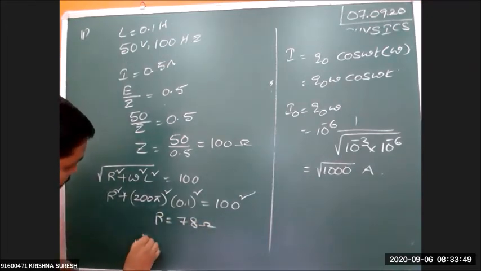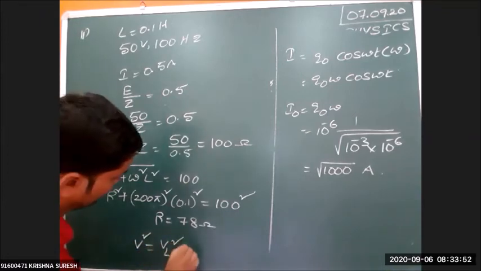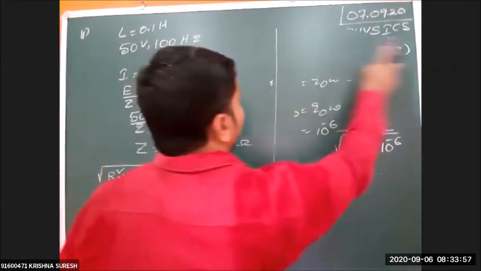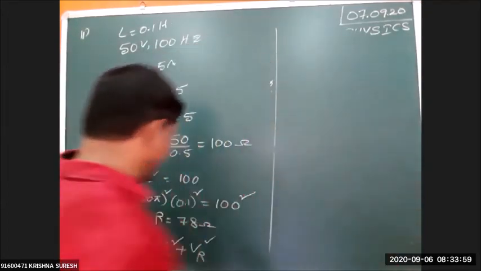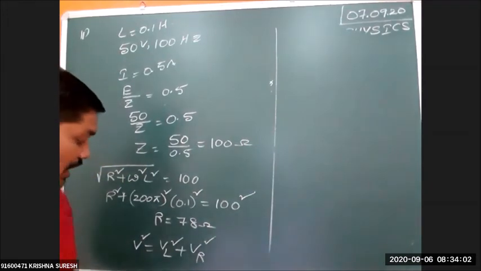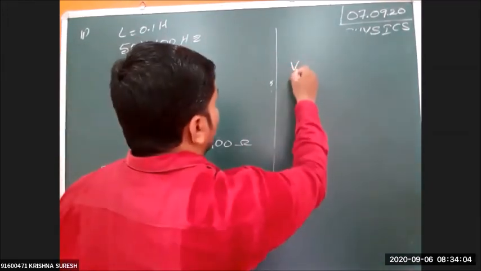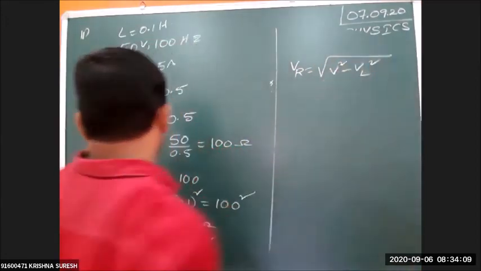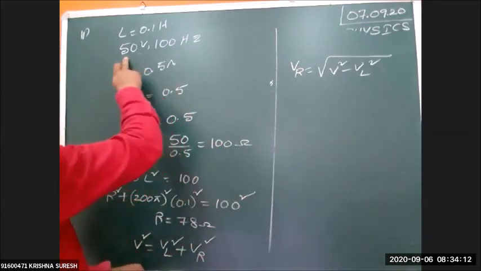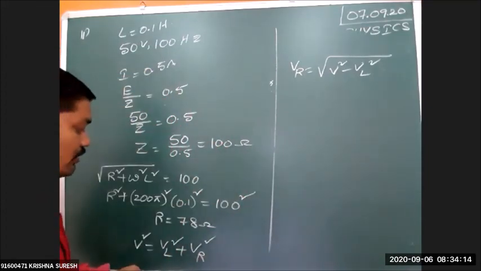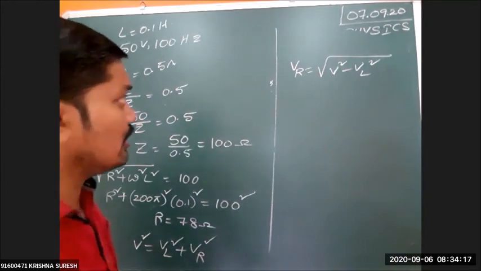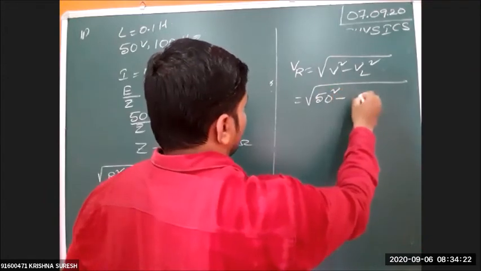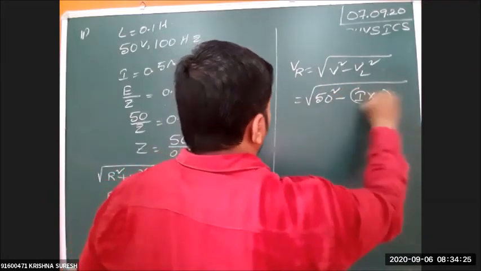And we know V square is equal to VL square plus VR square across the LR combination. Okay. So what we have to find here is the VR value. From this, VR can be written as root of V square minus VL square. V value, how much did he give you? 50 volts. So from this, 50 square minus I XL whole square.